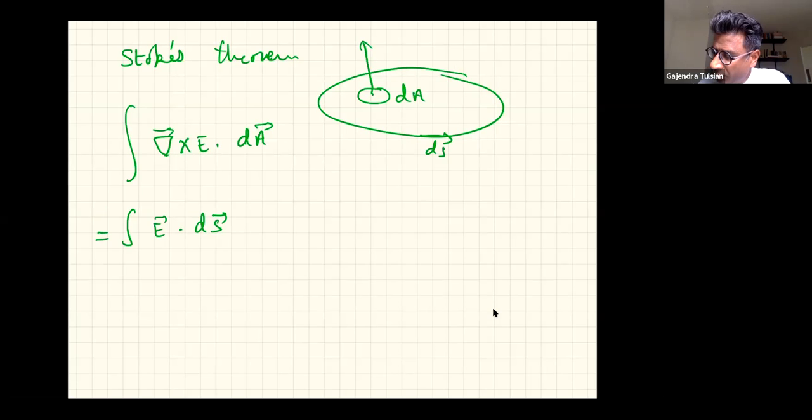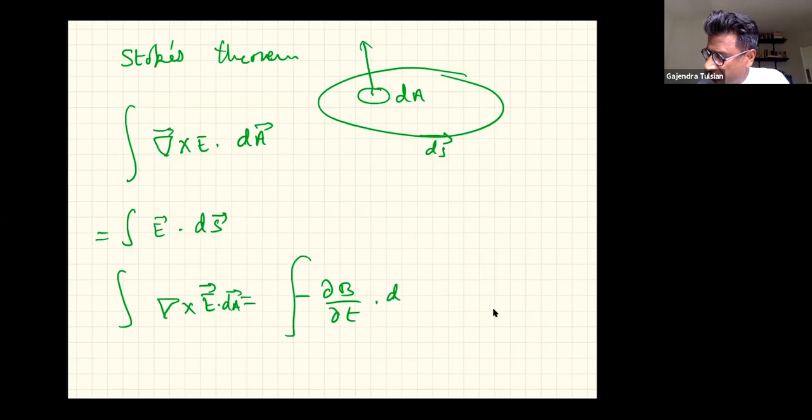Okay, so we'll apply Stokes' theorem to that Maxwell's equation that we talked about, curl of E equal to minus del B by del t. Now we'll take the surface integral of this, so we'll do the same thing to the surface integral of this.